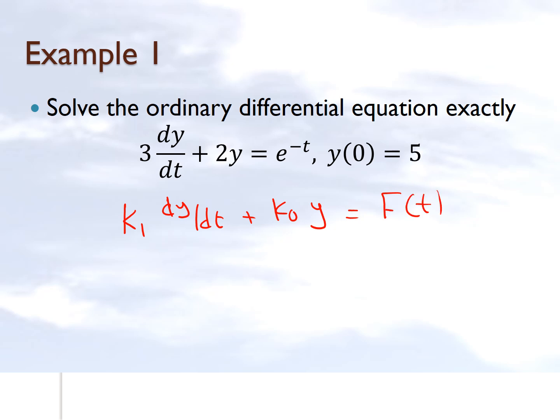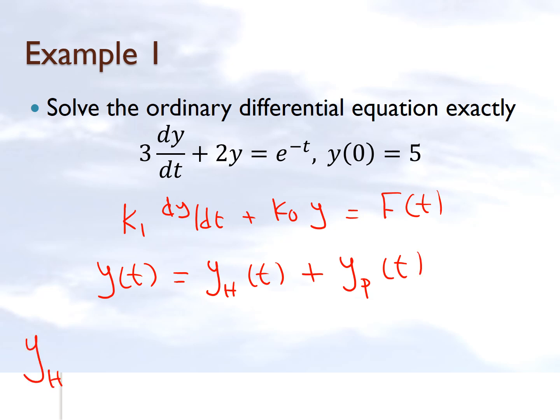And we know that the complete solution y of t has two components, a homogeneous part plus a particular part. In the previous video, we derived a solution for the homogeneous part y_h of t as k, a constant, times e to the minus k0 over k1 t, where k0 and k1 are the coefficients of our differential equation.